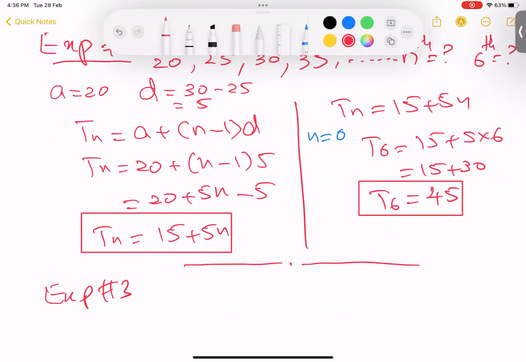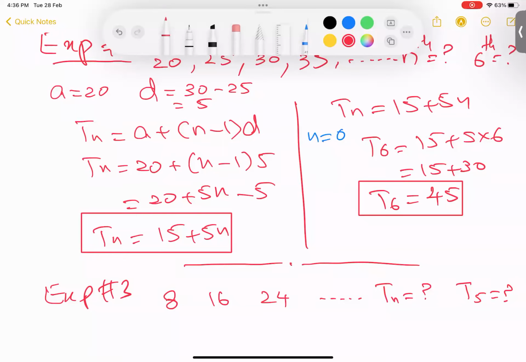I just give you an example like 8, 16, 24 and dot dot dot. Okay, so now you can find again 2 tasks: find Tn, and let's say you have to find T5 just for confirmation.